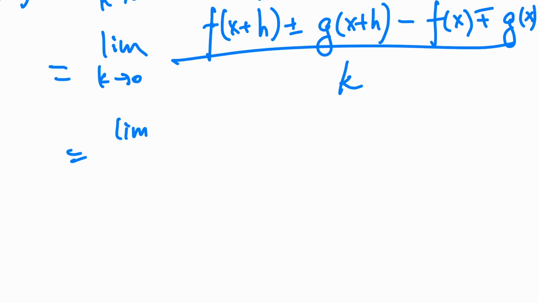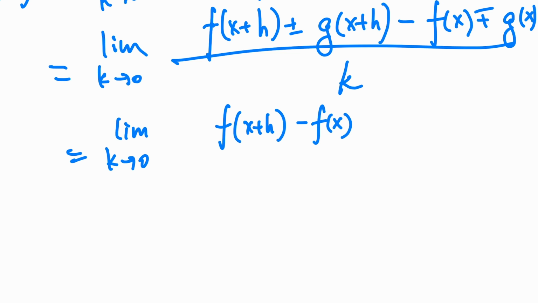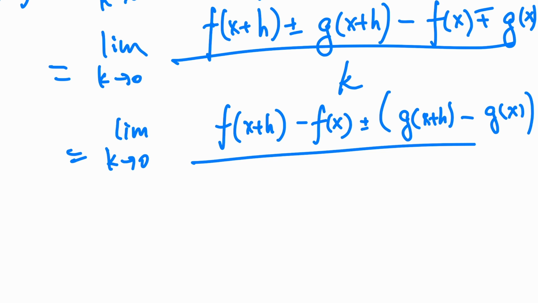So that's the limit as k approaches 0 of just getting this and this. So basically that would be f of x plus k minus f of x plus or minus g of x plus k minus g of x over k.